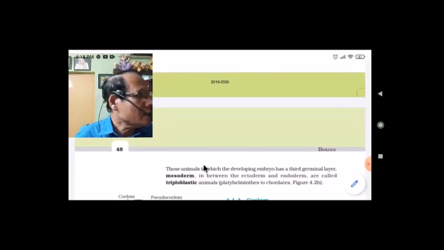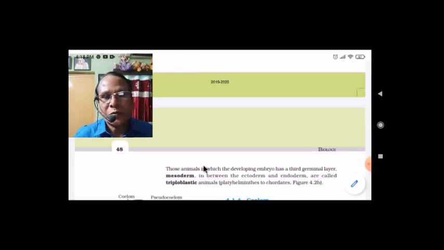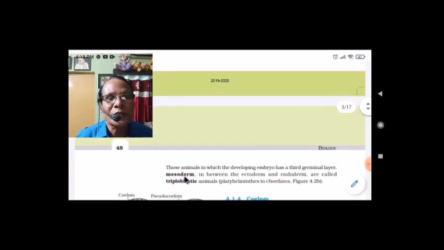Now, a third layer is present in the case of higher animal groups between the ectoderm and endoderm, called mesoderm. Such animals are called triploblastic animals, having a three-layered body wall during embryonic development.